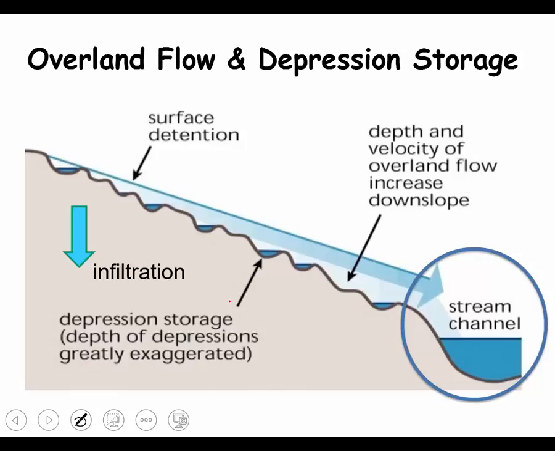There's actually a certain volume of water that's on the surface. It hasn't gotten to the stream flow, and so we actually subtract that volume of water out. It's kind of in transit, but it's not in the channel. So this is the overland flow that's occurring. We've got depression storage down here, and eventually it's getting into the channel.